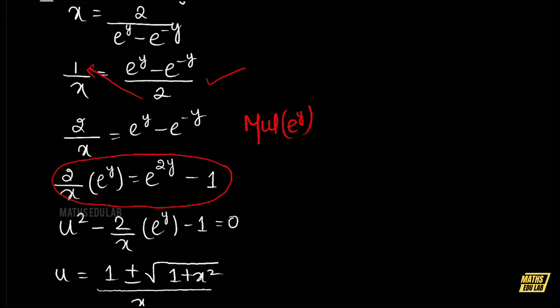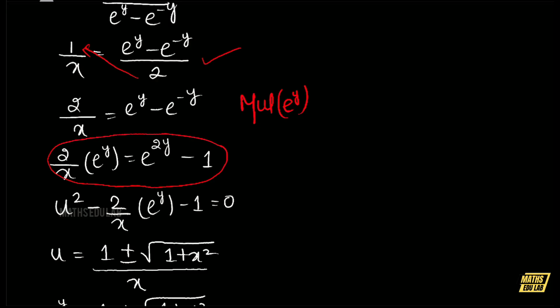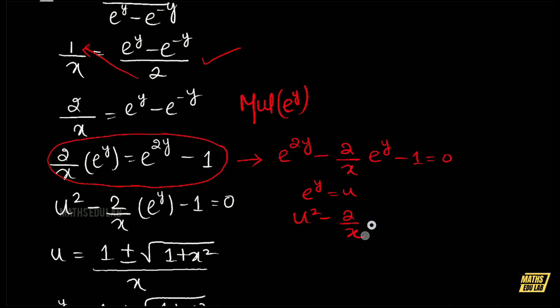Then this equation will be written as e to the power of 2y minus 2 upon x e to the power of y minus 1 equals 0, and e to the power of y will be replaced as u. So we can write this as u square minus 2 upon x u minus 1 equals 0. So this is our algebraic expression.